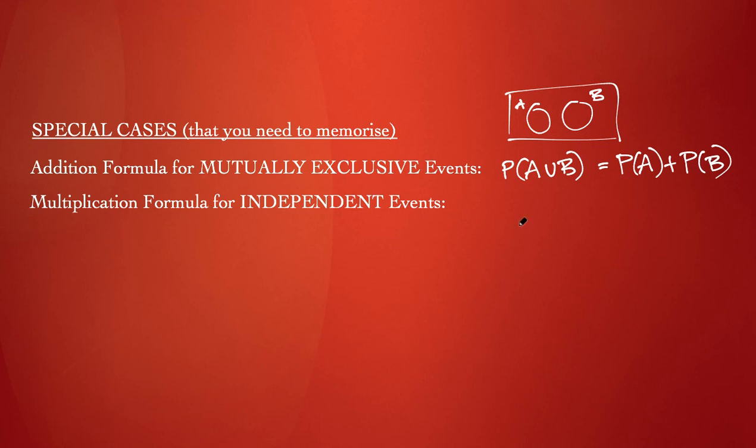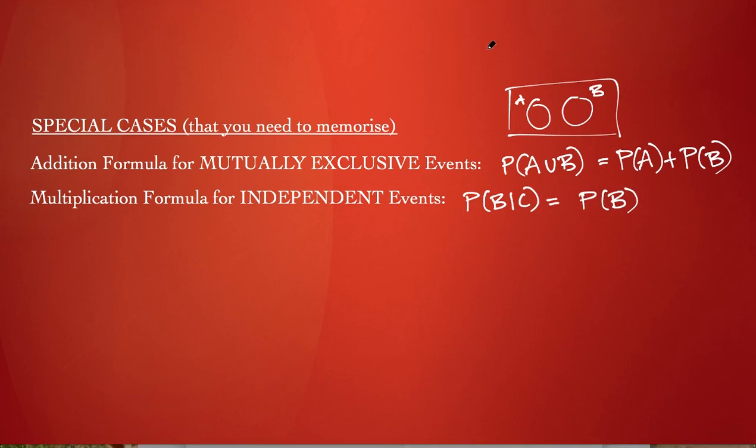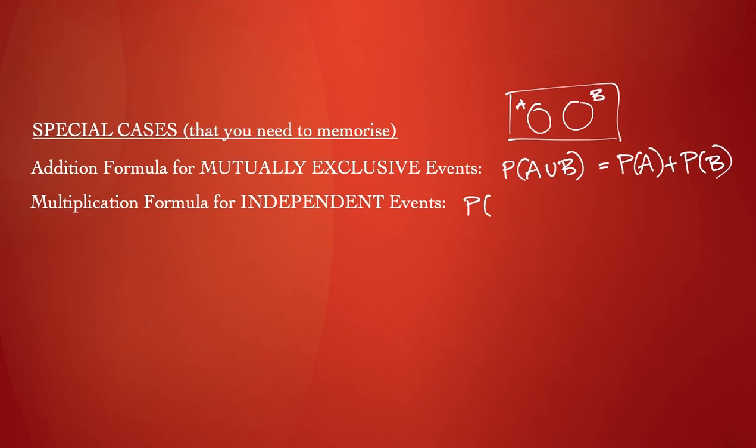For independent events, probability of B given C is just the same as the probability of B. I don't know why I've chosen B and C there. It's normally A and B. So probability of A given B is just the same as the probability of A. That just works logically.